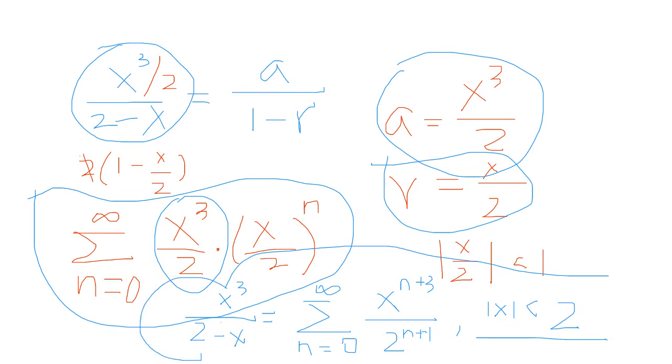So this should be our answer. Or if we want to write the interval, we will write it as -2 up to 2. The radius of convergence is 2, and the interval of convergence is -2 up to 2.